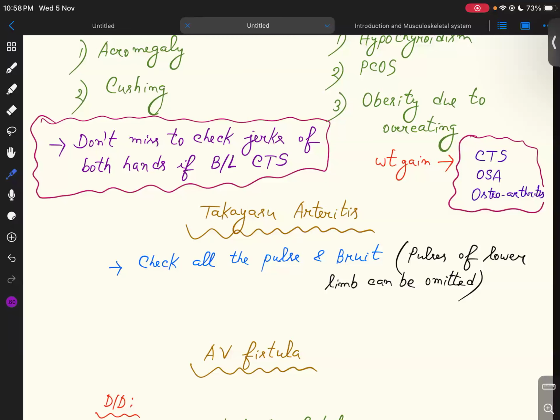Because Takayasu arteritis is less likely to affect the lower limb. That is why it can be omitted. Sorry, my charge is down. I have to do some charging and I'm coming back 1 minute later. Please give me some time.